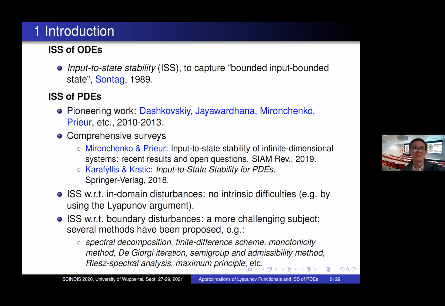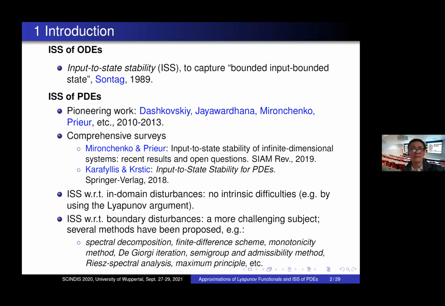You know that it starts from the work of Sontag for finite dimensional systems, and the early work extending the notion of ISS to PDE systems started around 10 years ago. I mention some people who made important and original contributions.